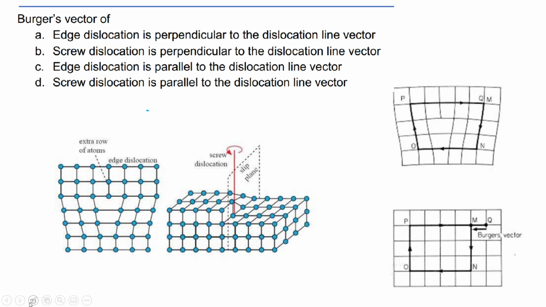So what is a Burgers vector? The extra plane of atoms. If you see, this is one dislocation, an edge dislocation. How can you get the Burgers vector here?